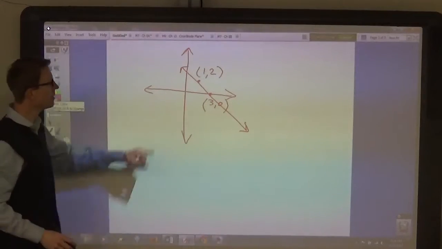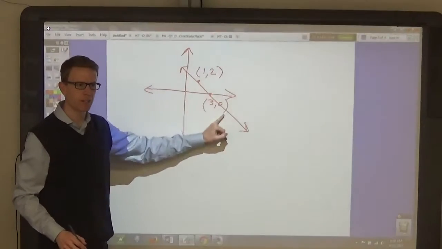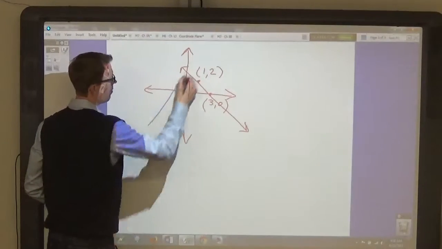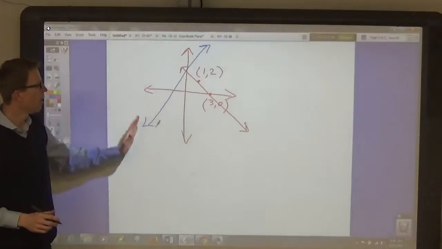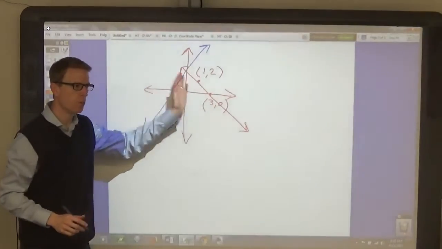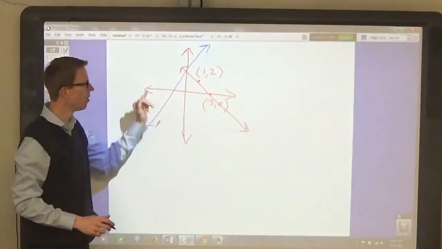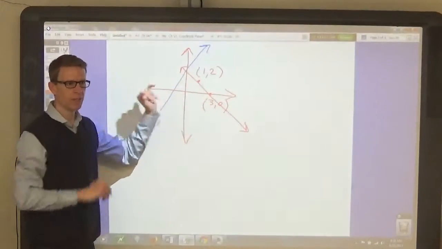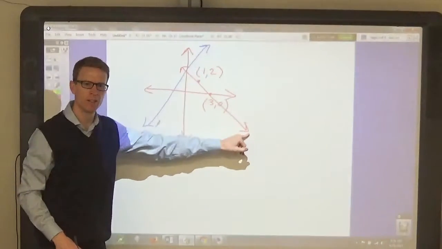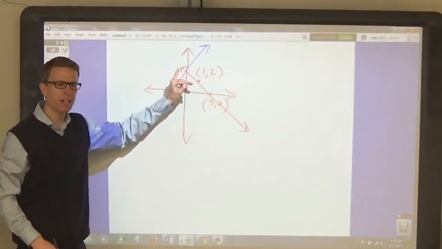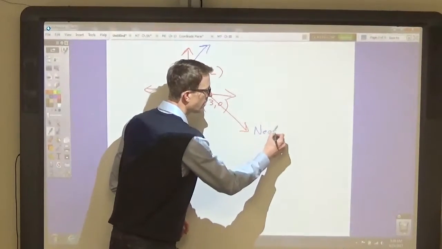So, in this case, how does this line look different? The other one was kind of like this. How does this one go as you move to the right? Yeah, it becomes negative. It's going down. Okay? Any line that's going down to the right is going to be a negative slope.